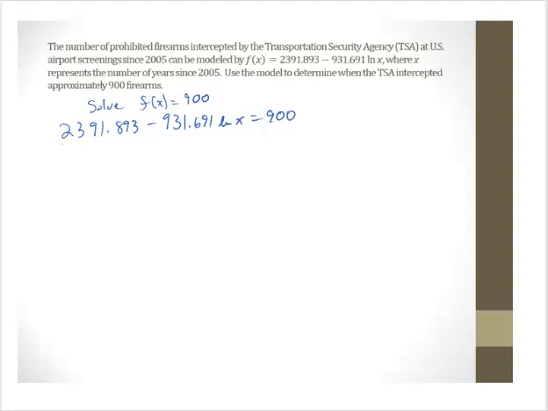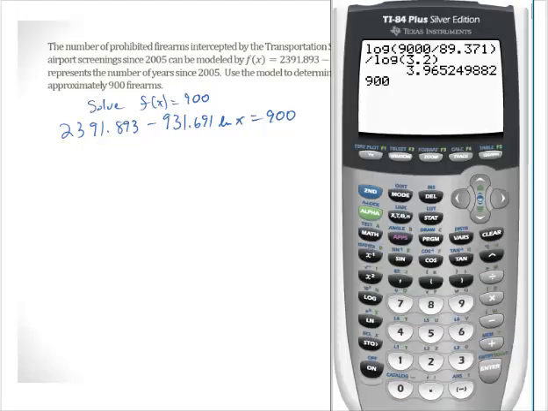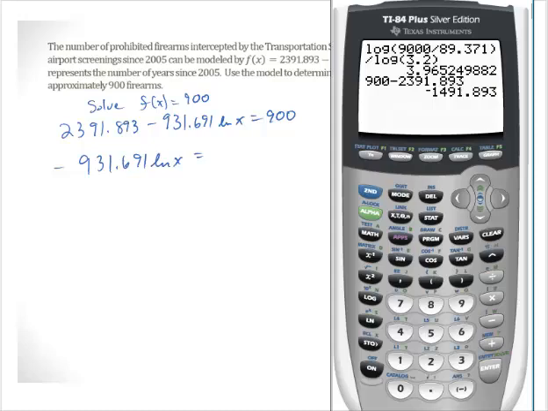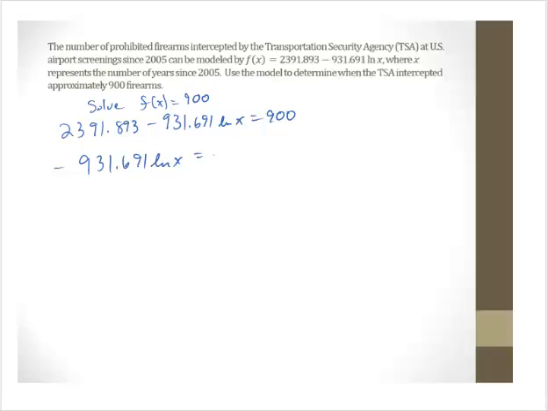I'll subtract the 2,391.893. 900 minus 2,391.893 is negative 1,491.893. So, negative 931.691 natural log x equals negative 1,491.893.